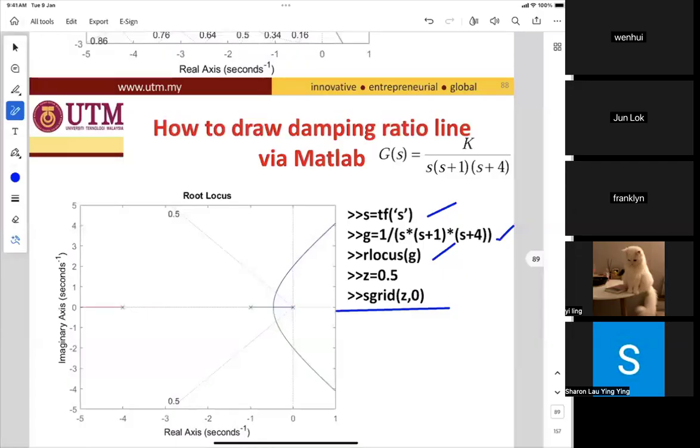Zeta, comma, 0. So why 0 here? Wen Hui, why 0 there? Why not 1, 2, 3?